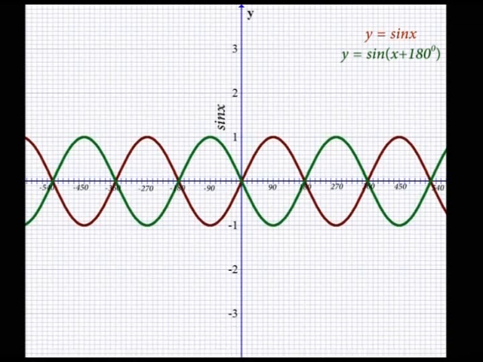And now it is appearing also as a result of a horizontal shift of 180 degrees. So we shifted to the left by 180 degrees, and it can also be seen as identical to a right shift of 180 degrees. And so notice that different transformations can lead to the same results.